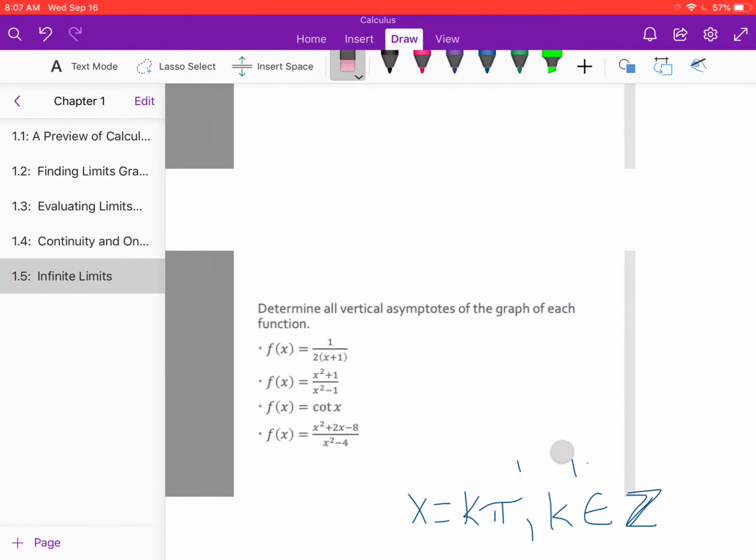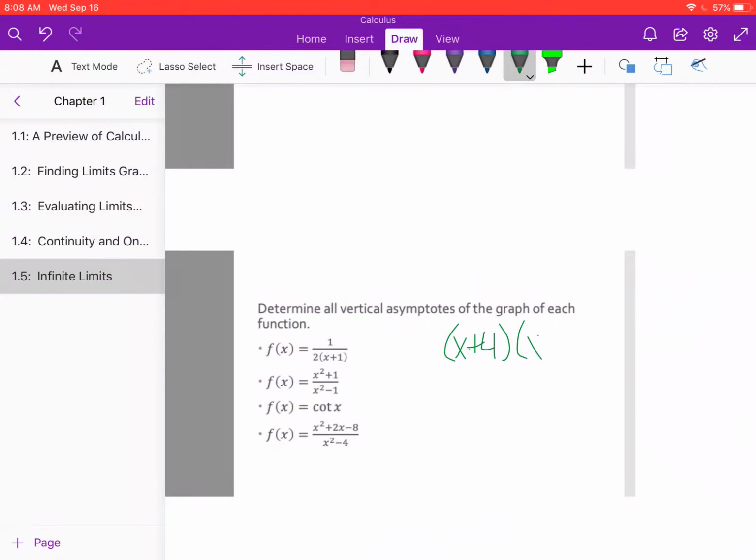And the last one, another rational function. So let's try factoring first and see what we get. The top should factor to (x plus 4)(x minus 2), and the bottom goes to (x plus 2)(x minus 2).